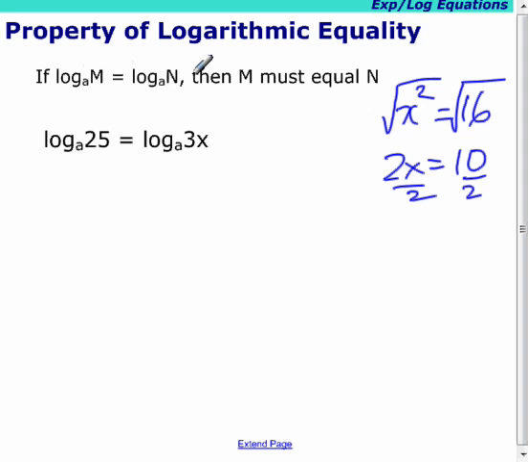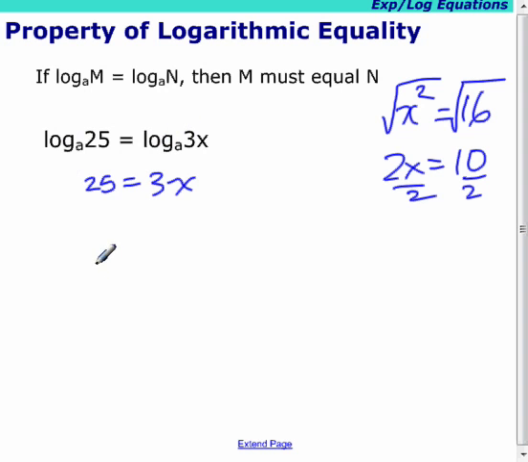I could do that same thing with logarithms. So in this case, if I have log base a of 25 is equal to log base a of 3x, that's the same thing as 25 is equal to 3x. Notice I have logs on both sides, and then to solve this equation, I simply dropped those two logs. If they're on both sides, I can do that.